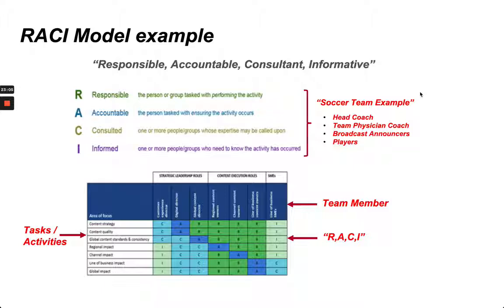And I use as an example, because soccer is a global sport, how you could utilize the RACI model in a soccer team example. So for example, the head coach, as in many sports teams, as you could imagine, is held accountable for winning and for the team's success. The team physician coach is a consultant on the team to make sure the athletes are in top physical condition.